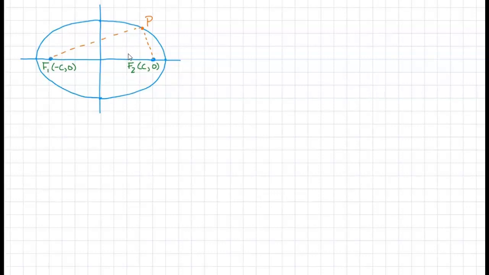So A is always the biggest distance, and then B is the shortest distance. That's not the convention we're going to use, though. What we're going to use is that A is always the horizontal distance, and B is always the vertical distance. And I think it's just easier to keep track of everything when we get into the formulas.